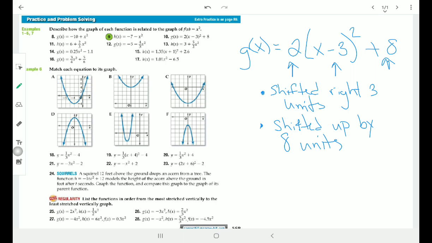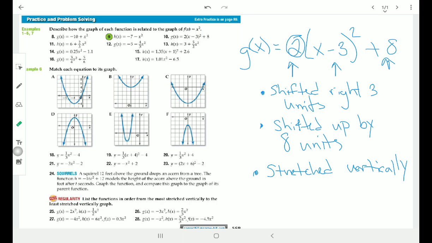So 3 things are happening here. It's being shifted right 3 units, shifted up by 8 units, and it is being stretched vertically, because we know that by that 2 outside of that x. Okay, so 3 different things happening there. So you have to look at each of those parts to figure out what is happening with this transformation.